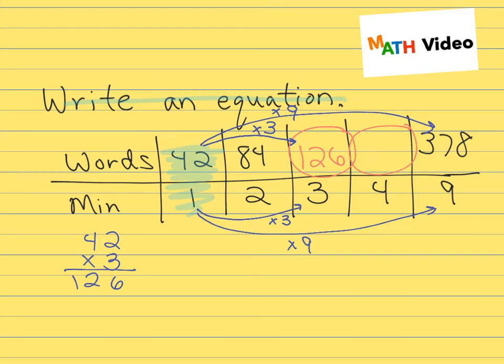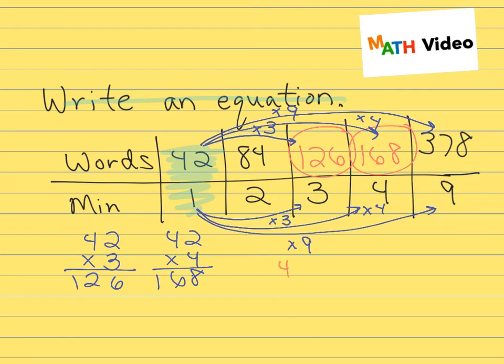Now we can use the unit rate again to find out how many words Daphne can type in 4 minutes. 1 times 4 equals 4, so therefore 42 times 4 equals 168.